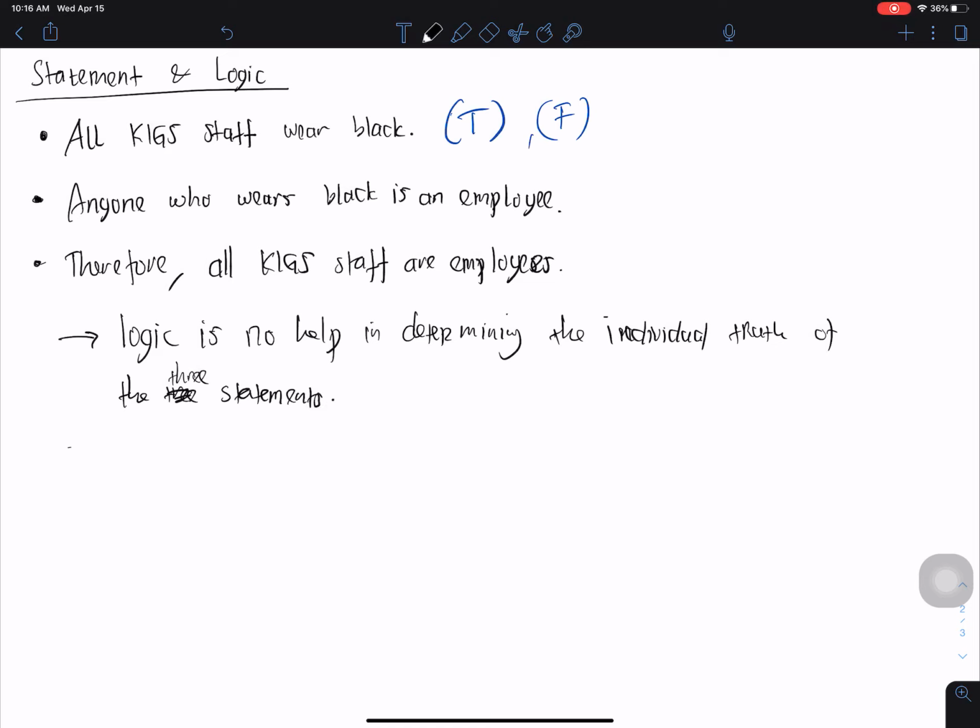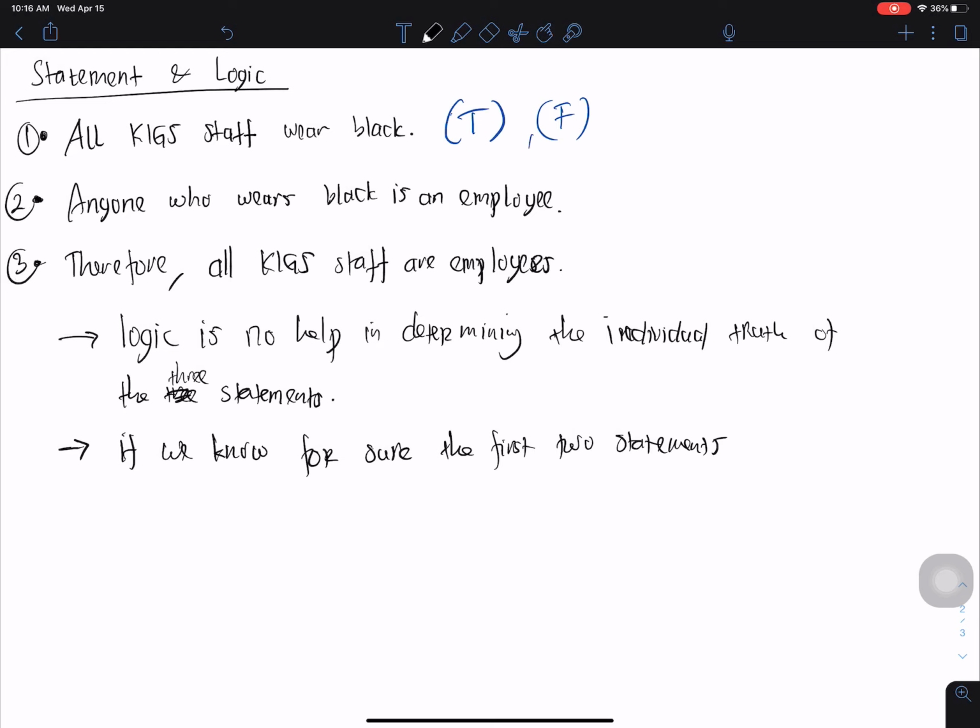But then if we know for sure the first two statements, I will put number 1, 2, 3.